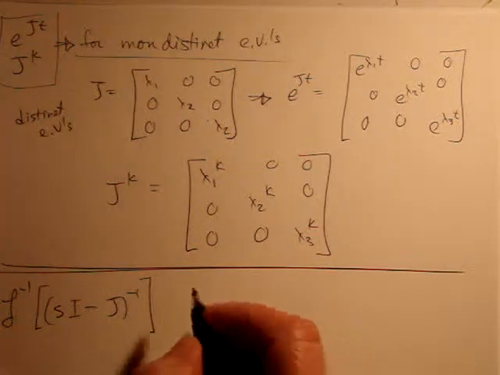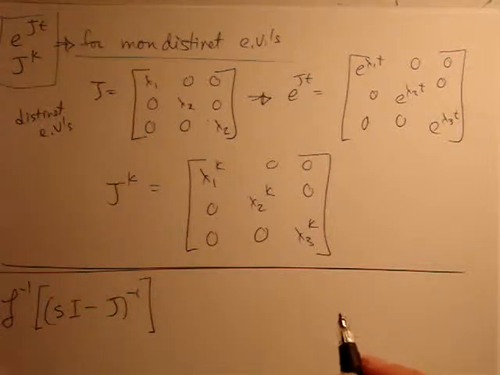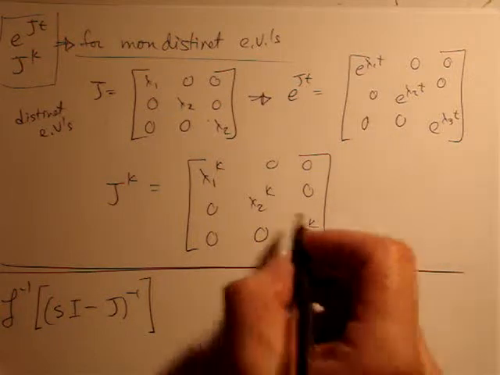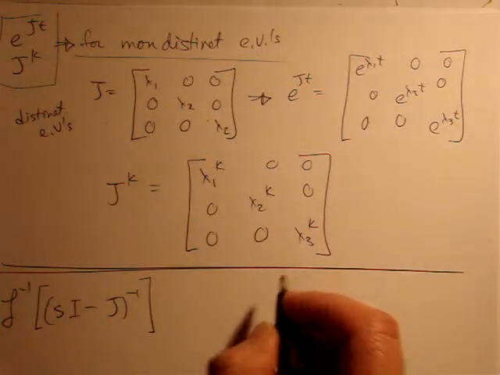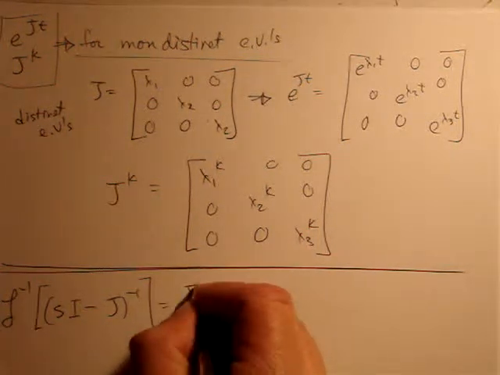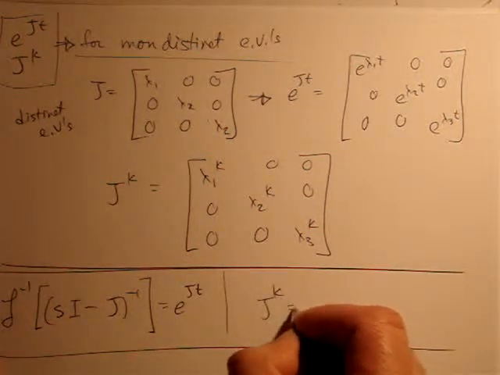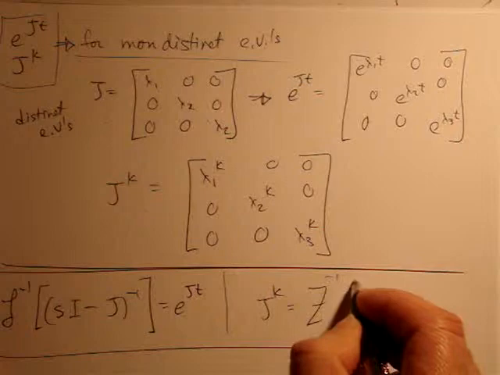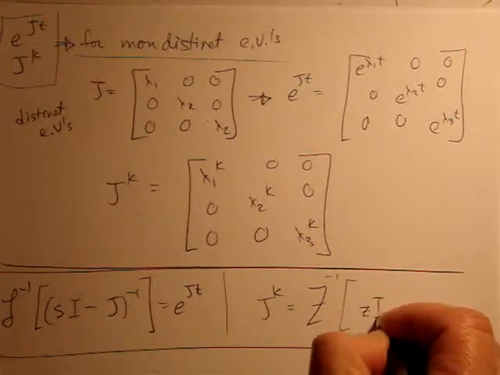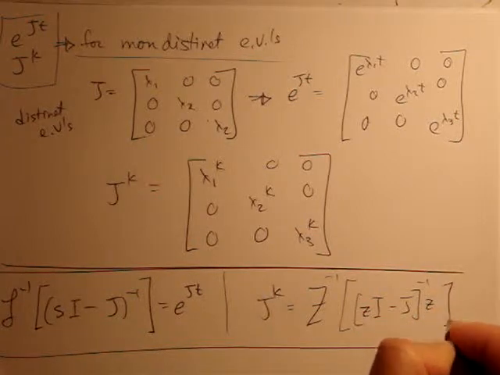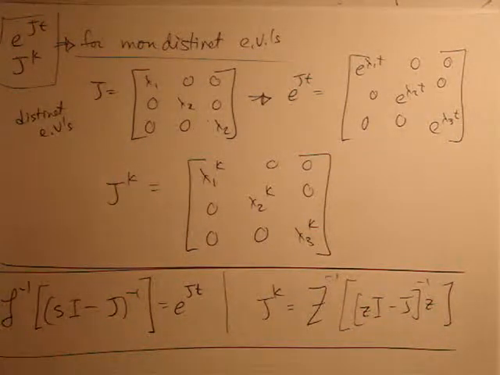And so that's what we'll do now for the case of a Jordan form that's not diagonal, but if you want practice, you can put it in there. Similarly for J to the k, just do Z inverse of zI minus J inverse times z, like we would for any A to the k matrix.